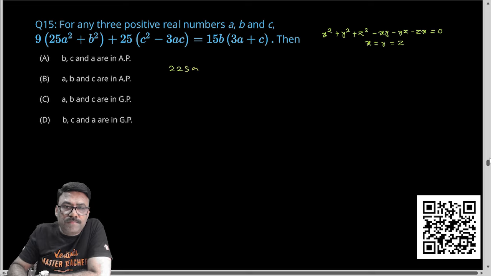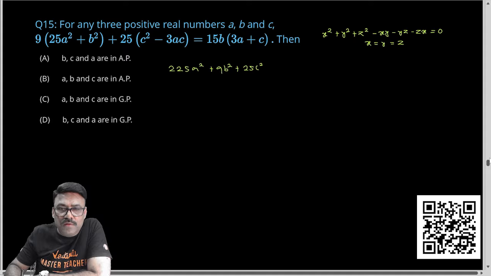So you can see that this expression is basically 225a square, then 9b square, then 25c square, then minus 45ab, minus 15bc, and minus 75ac is equal to 0.